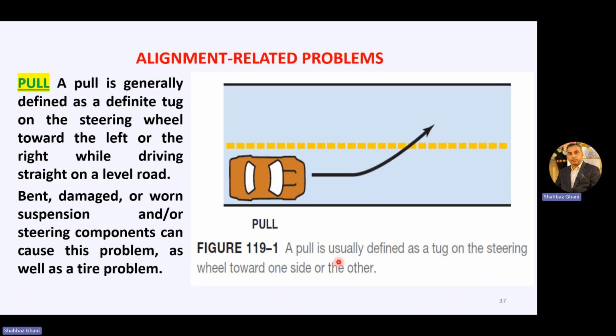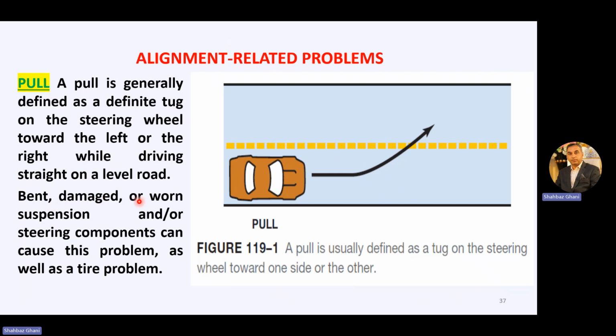Now, the alignment related problems. The first problem is the pull. A pull is generally defined as a definite tug on the steering wheel towards the left or the right while driving straight on a level road. So you are driving a vehicle, but it is pulling to either the left side or the right side. That is known as a pull.